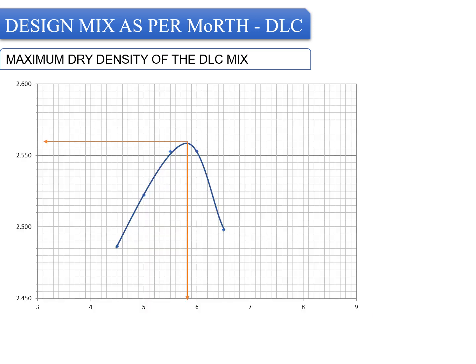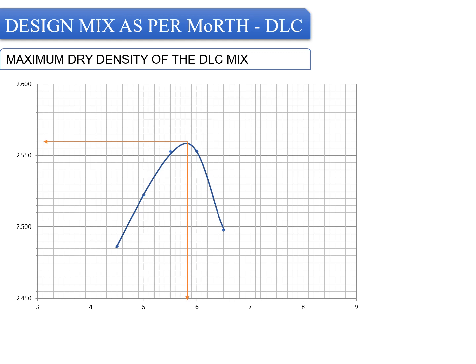Now, when you plot a graph taking the moisture content on the x-axis and the dry density on the y-axis, you will be able to see the peak. The peak corresponding to the density is the maximum dry density, and the corresponding moisture content is the optimum moisture content of the mix.